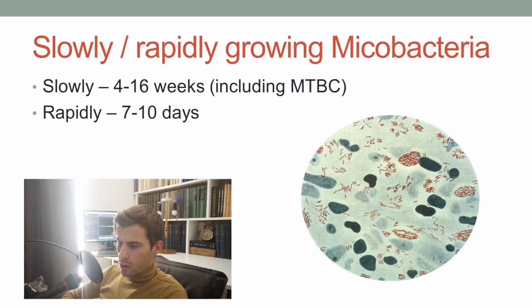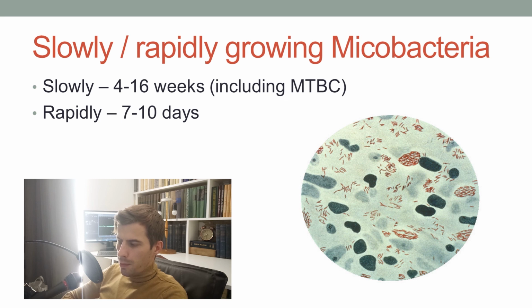Moreover, this classification of Mycobacteria includes rapidly growing and slowly growing Mycobacteria. Slowly growing Mycobacteria can grow between 4 and 16 weeks, and rapidly growing Mycobacteria grow between 7 and 10 days.